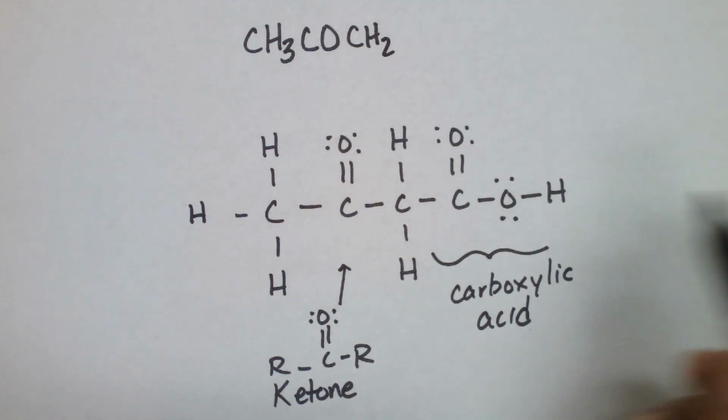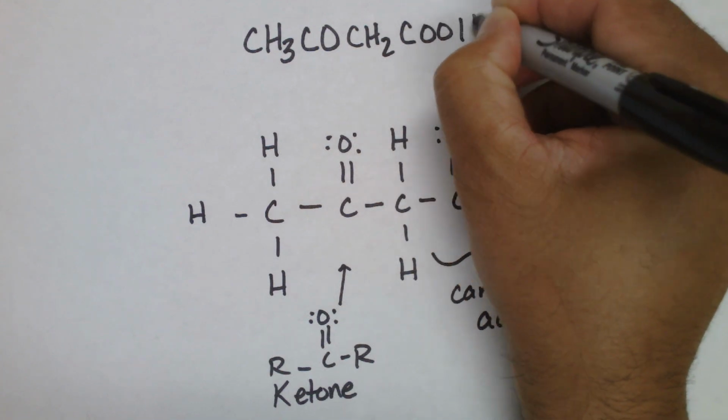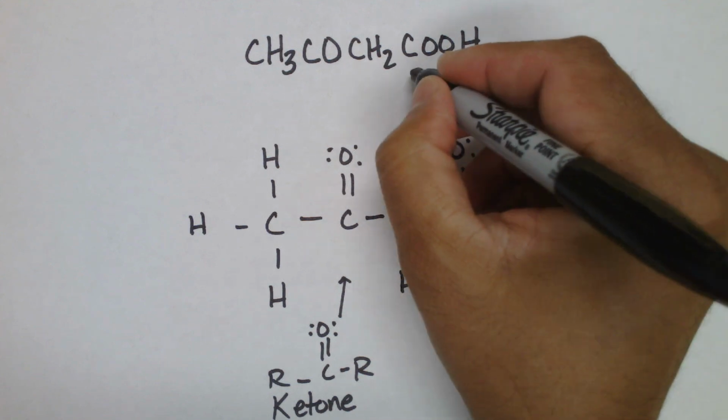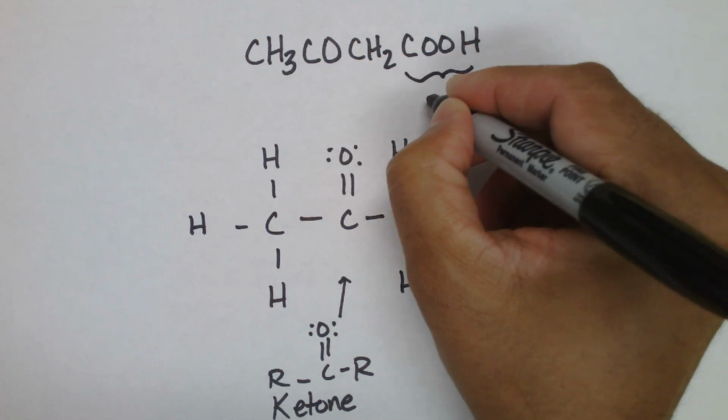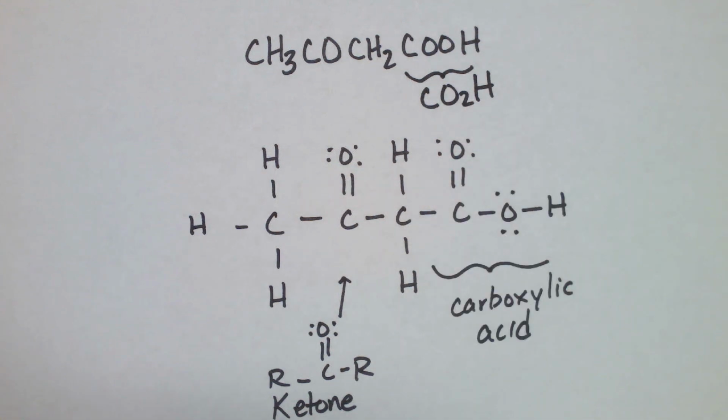And then we have the carboxylic acid. I'll go ahead and write it this way. Although this section right here, you can write this as CO2H. Here's another way to write that carboxylic acid functional group.